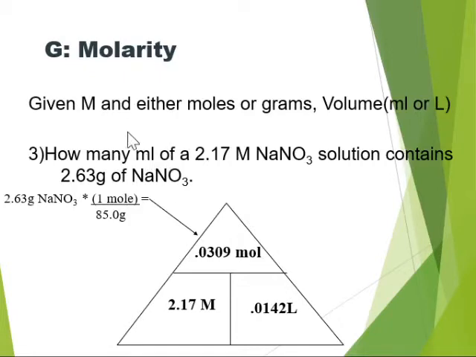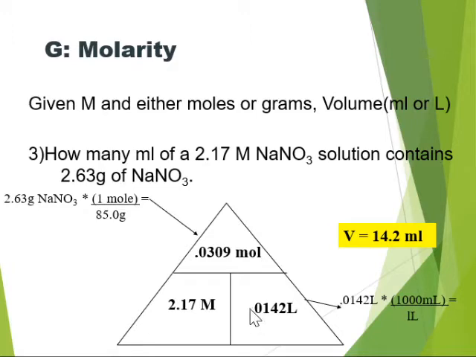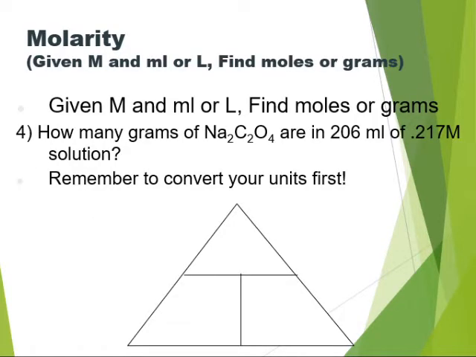But remember, we asked for milliliters, so we have to convert by multiplying by 1,000. So 0.0142 times 1,000 gets you my volume of 14.2 milliliters. For those of you that don't want to do this and just want to move the decimal three places, 1, 2, 3, either way will work. Okay? All right, let's look at another one.